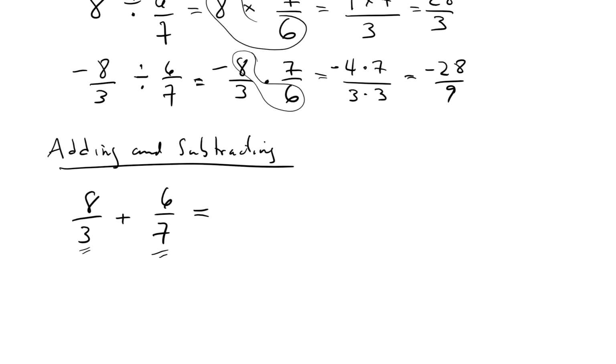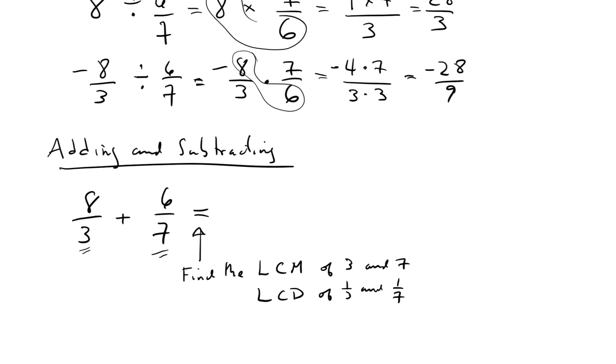So here our goal is to find the least common multiple of 3 and 7. That's the same thing as the least common denominator of 1/3 and 1 over 7. So we want to find a number such that 3 and 7 fit into it, and that's as small as possible.